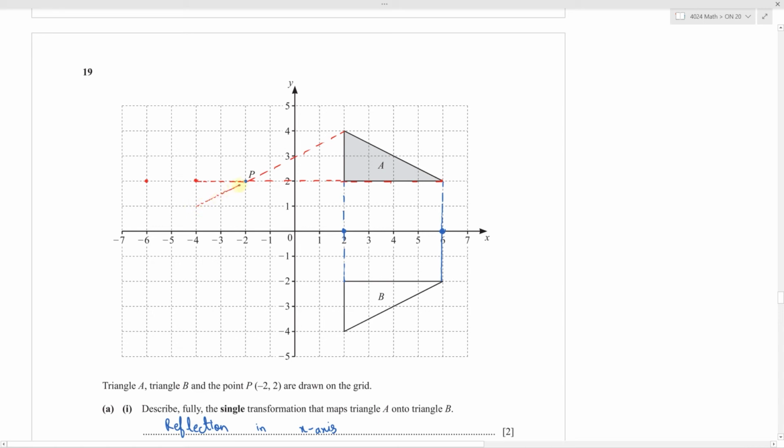So this point will be this distance from P, up till this point is 2.5. So this is how you will do this enlargement. And now I have all the three vertices. I can join them together to get my triangle C. So this will be your triangle C.